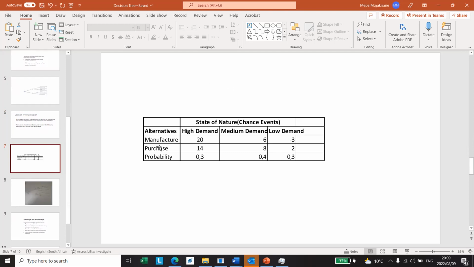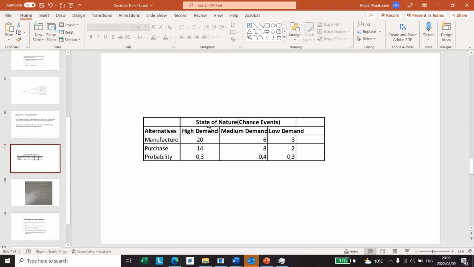Now, they look into what the trends have been in past financial years, and then they get to the point where they can come up with numbers. They say, if we manufacture, and then depending on the demand afterwards, so these are called states of nature or chance events.